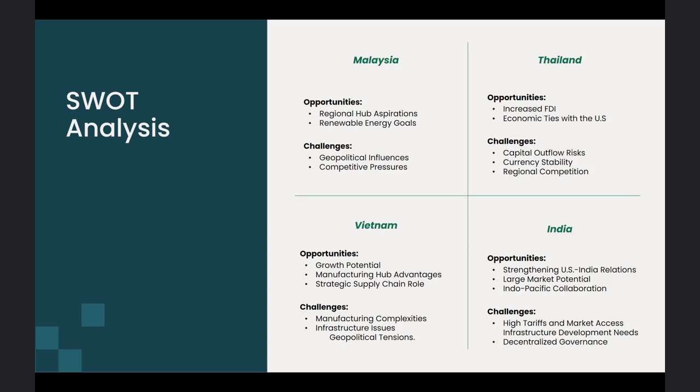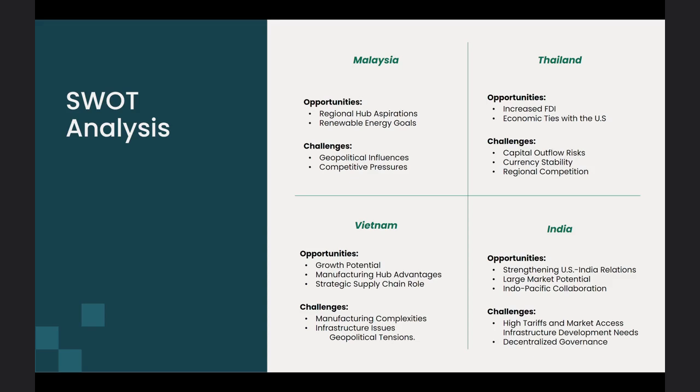Despite high tariffs and infrastructural gaps, Malaysia is emerging as a logistics and renewable energy hub focusing on sustainability. While Thailand presents manufacturing growth driven by foreign investment, Vietnam shows promise in infrastructure and manufacturing but faces supply chain and geopolitical challenges.